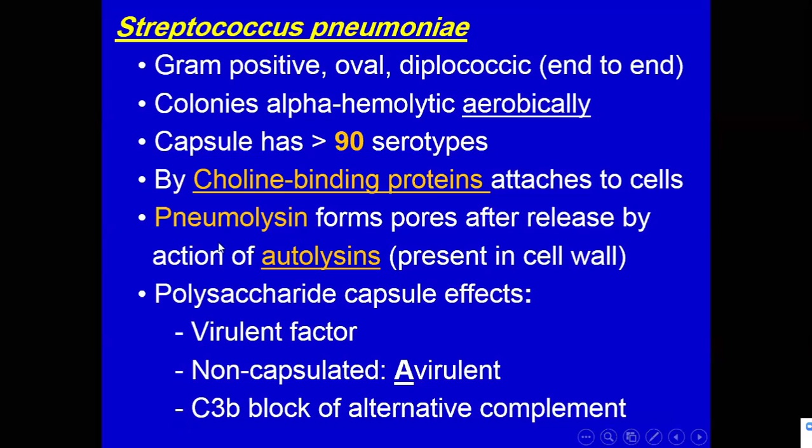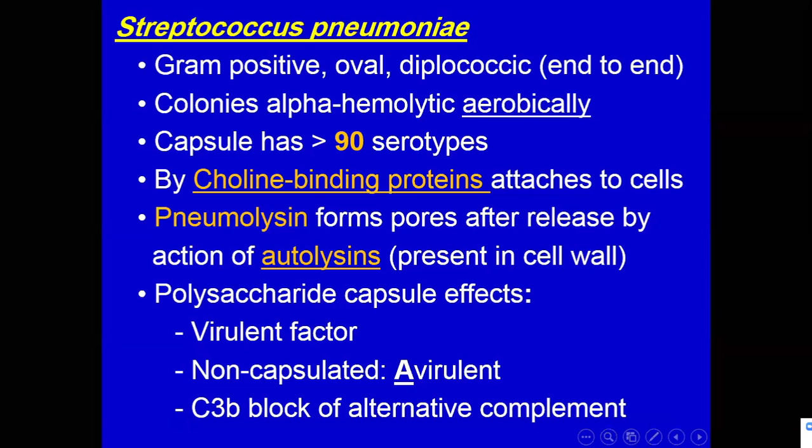This microorganism has also an enzyme which can make pores in the host cells. This enzyme is called pneumolysin, and it is released from the microorganism by the action of autolysin, which is present in the cell wall.